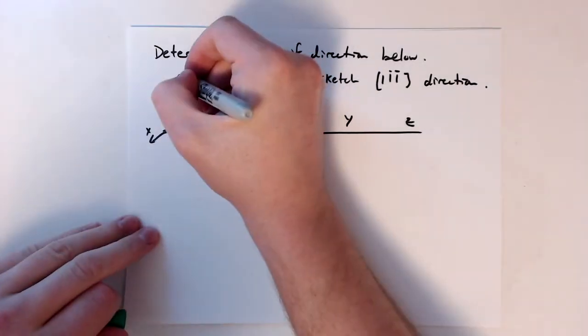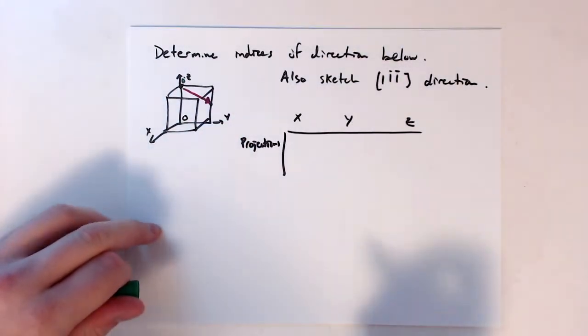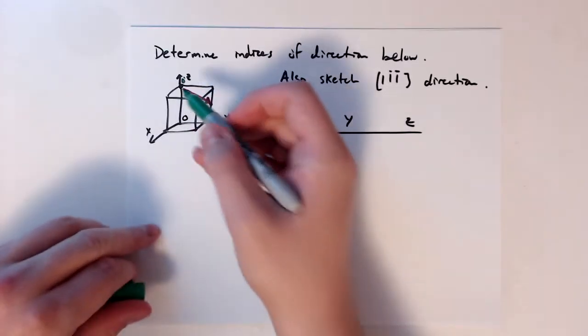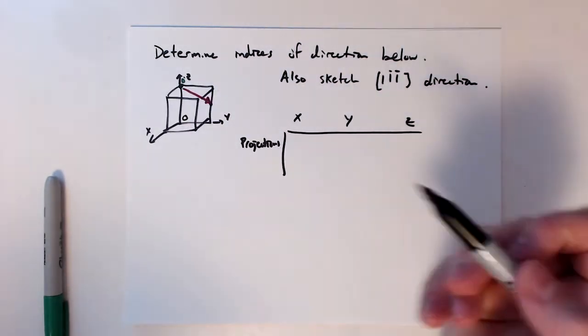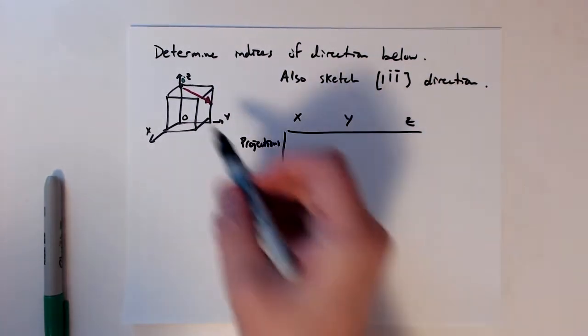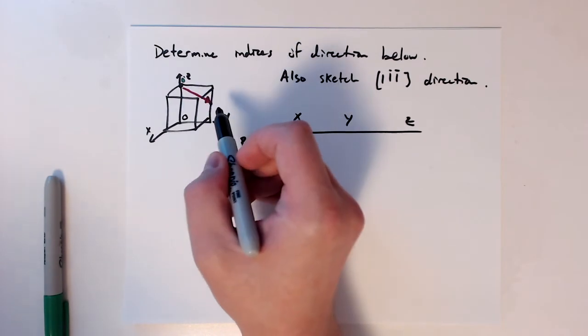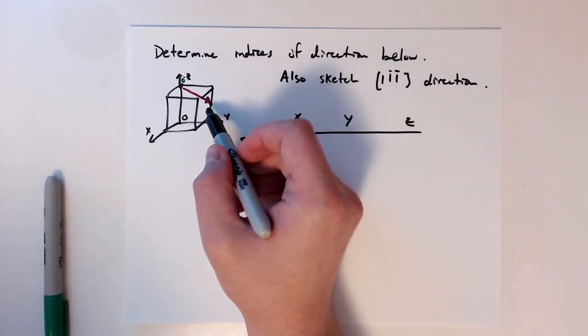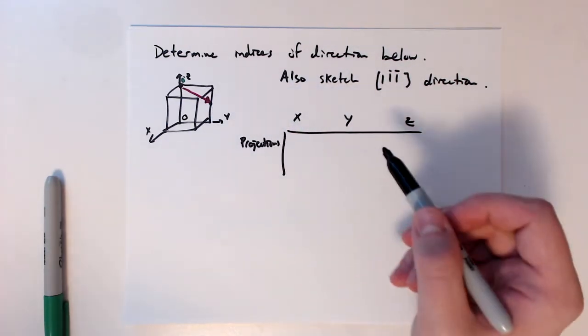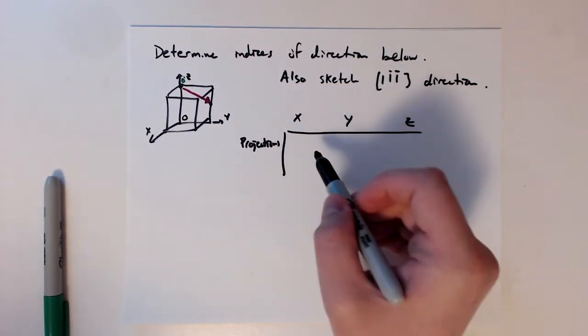If I move my origin for this problem up here, and I'll call that O prime, just so that you know that it's different, so I'm going to have my origin up there instead. Now if I think of that as my origin, and this is my endpoint, I can project what these indices are going to be and look at their projections.